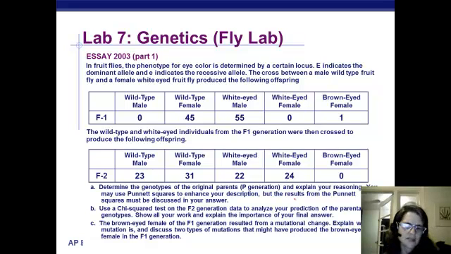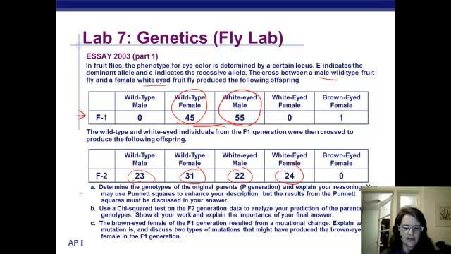This is a sample essay question that was given at one point. Basically, the cross between a male wild fruit fly and a female white-eyed has got these offspring, and we're seeing all female wild but all white-eyed males here, and then we cross these F1s, and this is the ratio we get.